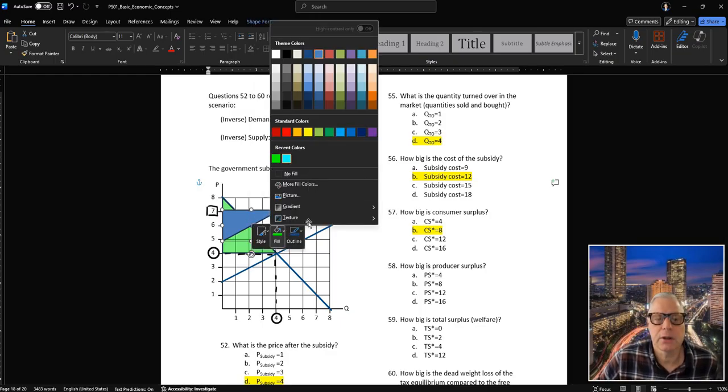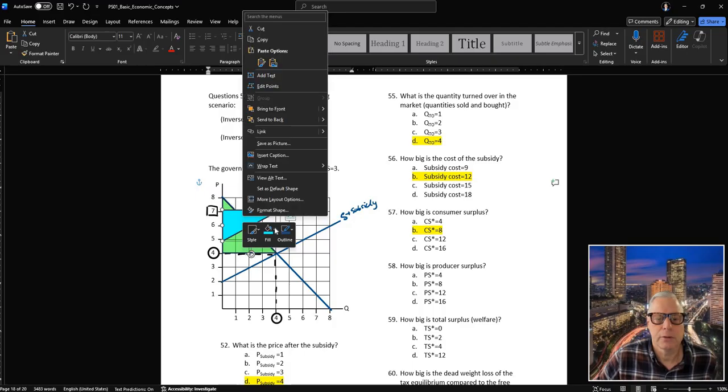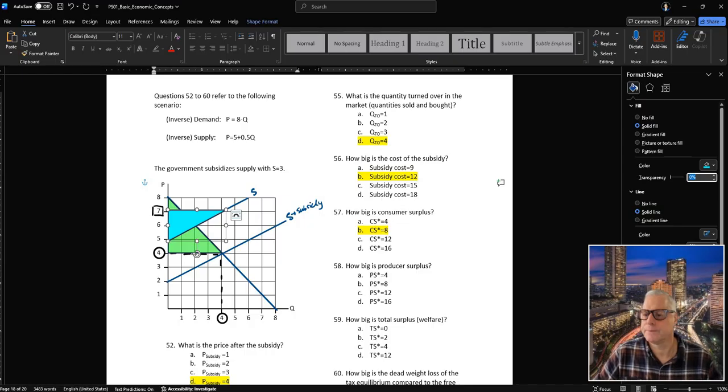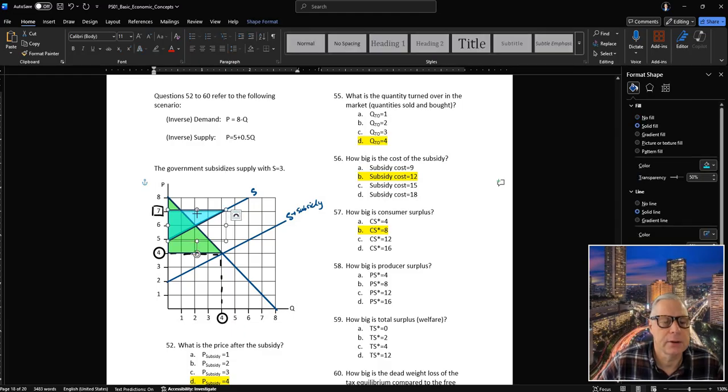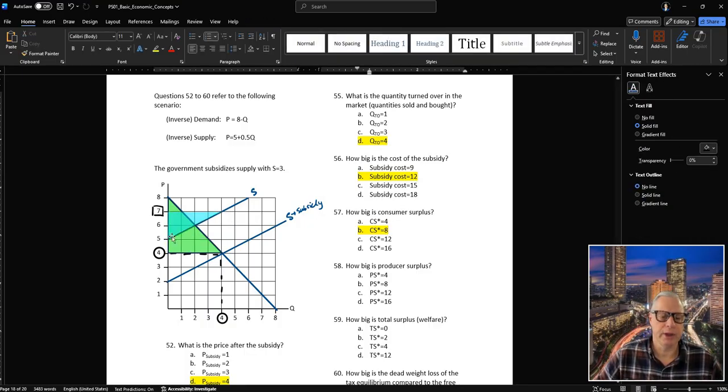Let's see if we can make that light blue again. So this blue area, how big is this one? 1, 2, 2 times 4, 8, 8 over 2, 4.